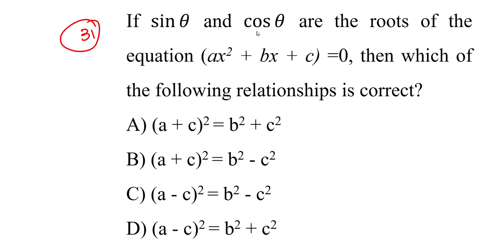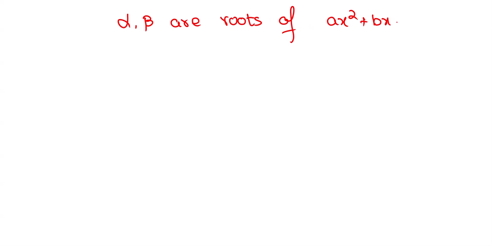They said sine theta and cos theta are the roots of the equation. So we know if alpha and beta are the roots of the quadratic equation ax square plus bx plus c equal to 0, then the sum of the roots is nothing but minus b divided by a.